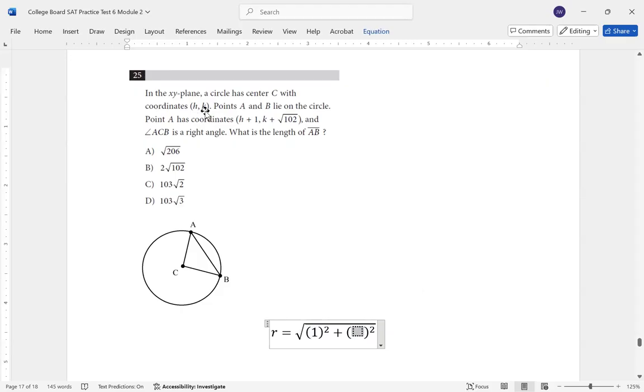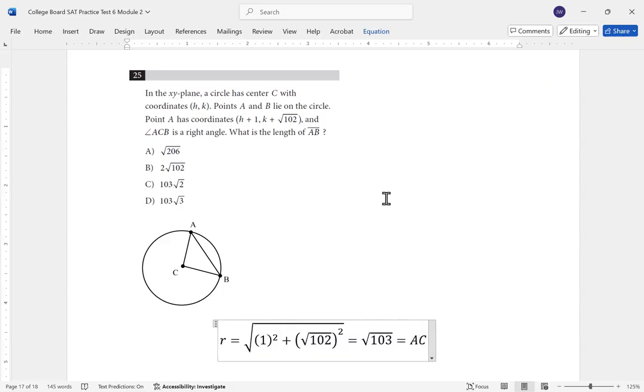The y value goes from k to k plus square root of 102. So that is a change of the square root of 102 units. So this is the radius. And when it's all said and done, the radius is the square root of 103. And you can see that is going to be the length of AC and also the length of BC.